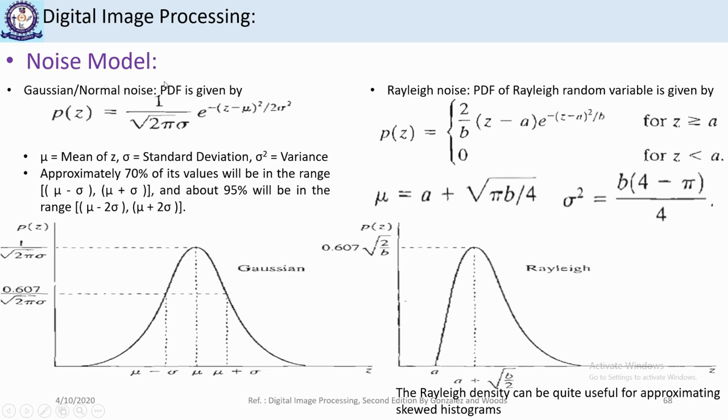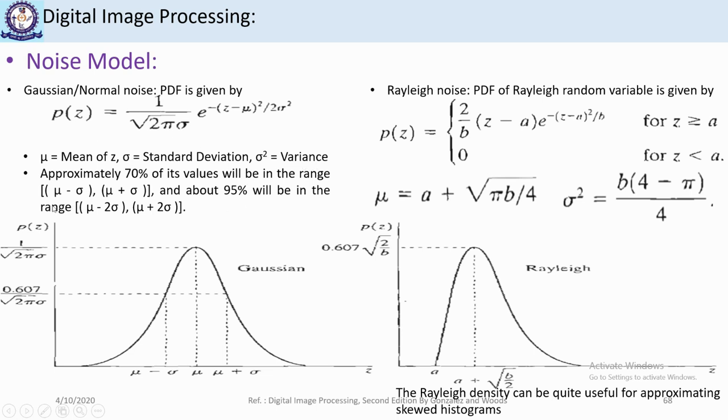The probability distribution function of this Gaussian noise is given by this formula: 1 upon under root 2 pi sigma, e raised to the power minus (z minus mu) square divided by 2 sigma square, where mu is the mean of z, sigma is the standard deviation, and sigma square is the variance.